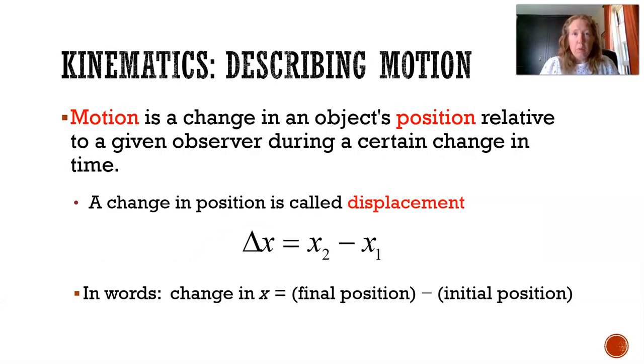So whenever we talk about motion in physics, we're really talking about the movement of an object from one position to another. So if we're looking at that, let's say on a tape measure that you would put down on the sidewalk, like in your lab, then we could pretend that's the x-axis.